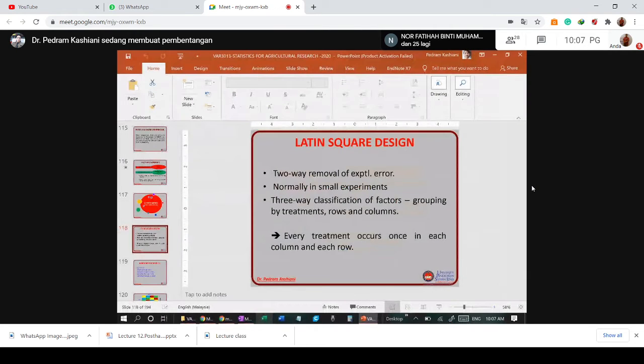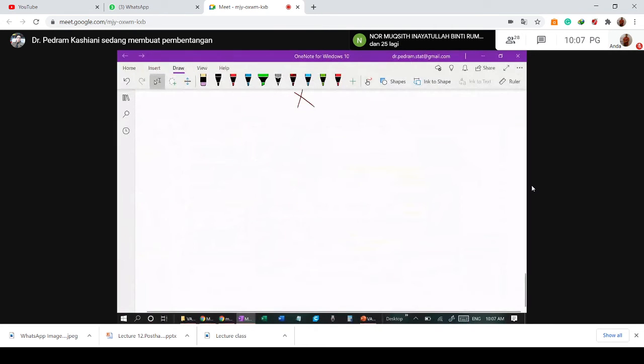Okay, one thing I want to do is one small comparison between these 3 designs. To be able to do the comparison, I will take the number of treatments equal to 4, and the number of replications also equal to 4, just to be able to compare CRD, RCBD, and Latin square together.